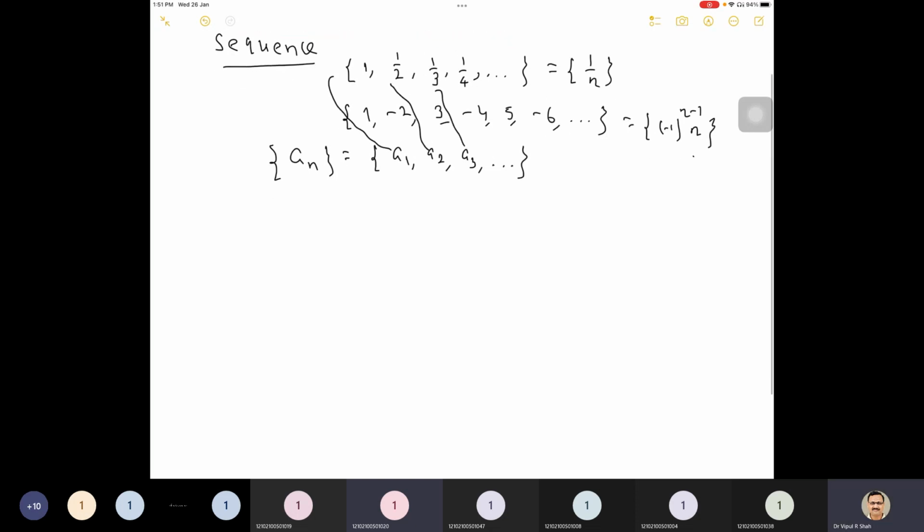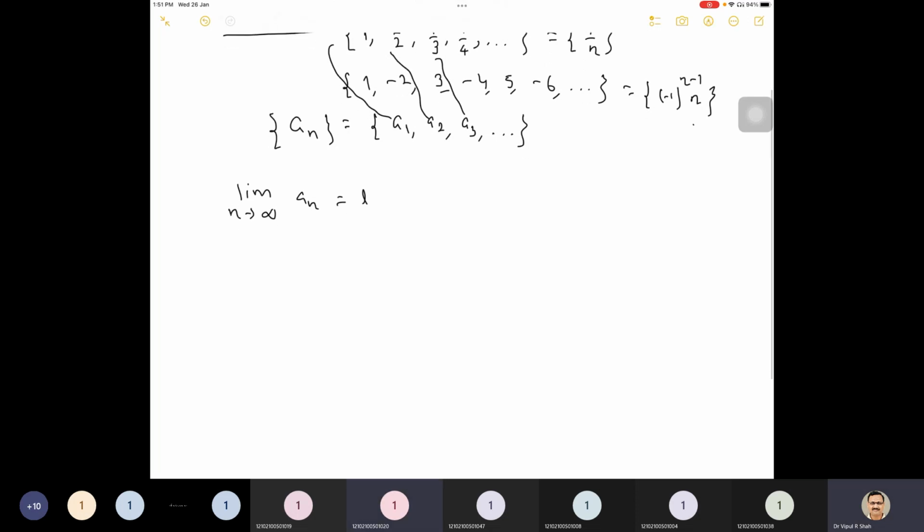If we can find the limit as n tends to infinity of the sequence an, and if we can find the limit, say suppose L, then we can say that the sequence an is convergent.